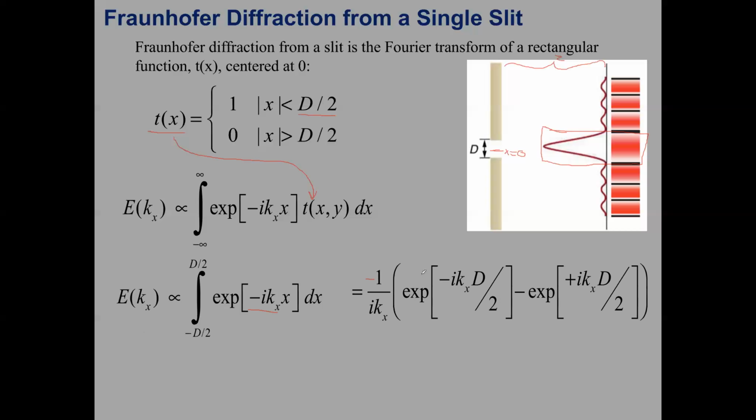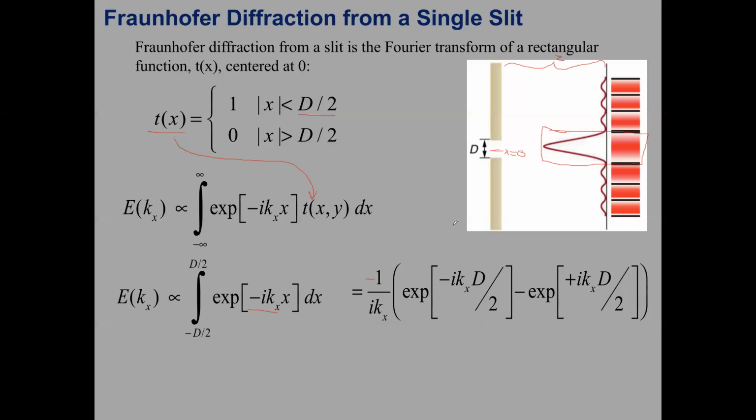And then we have the function itself. And we plug in the upper bound and the lower bound, which gives us, upper bound is plus d over 2, so that gives us a minus ikxd over 2. The lower bound gives us, 2 minuses cancel out, and we get a plus ikxd over 2.